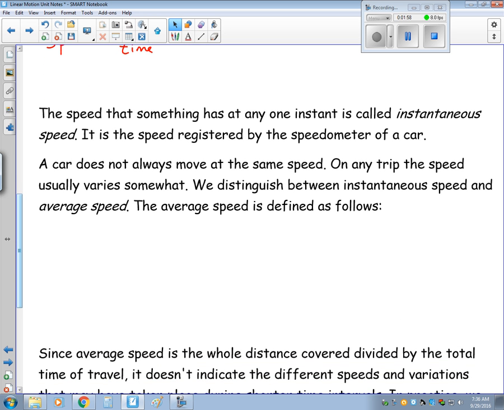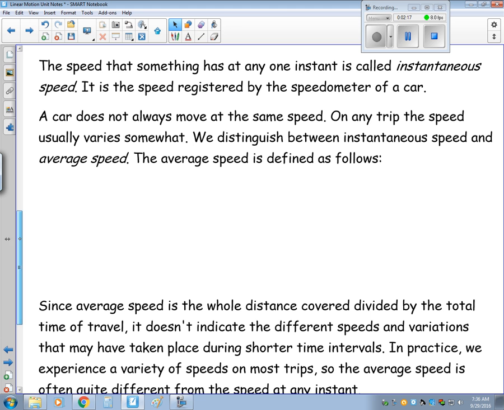So a car does not always travel at the same speed. If you're on a trip, the speed usually varies. So imagine if you get stuck behind a slow driver, or if you're getting on an interstate ramp, or you drive through a town. Your speed's going to change for a larger trip. So that's why we need to distinguish between instantaneous speed and average speed.